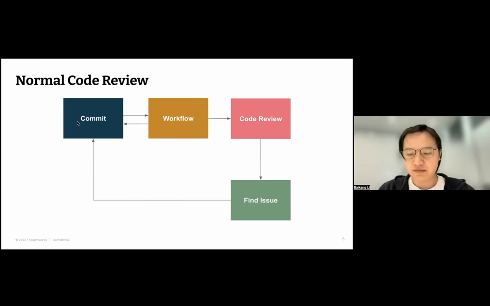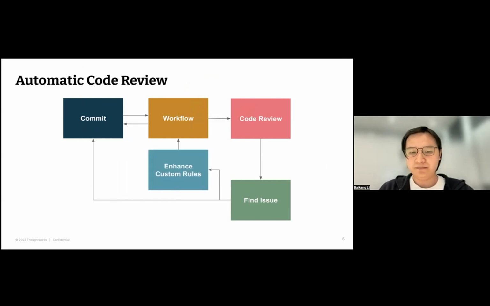But if we have an automation tool which supports custom rules, we will have one more stage. When the code review finds some issues, this stage will identify custom rules. Maybe they already have some custom rules, maybe not, but they can write rules for the issues. We can automatically identify it, and then add that to the workflow.